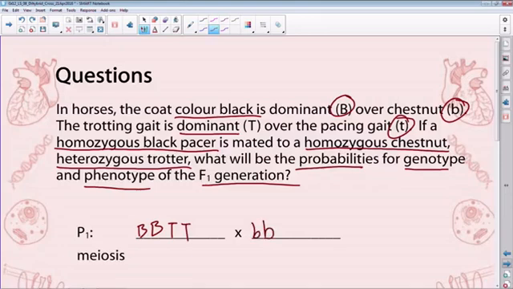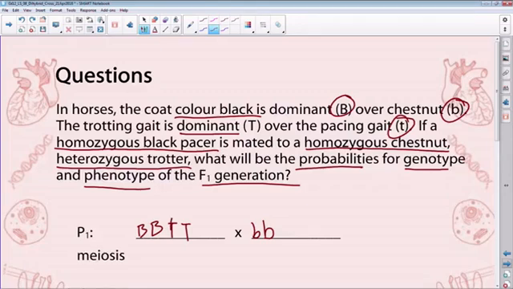So it's small b, and we know that the chestnut is a heterozygous trotter. Is that possible? What is a trotter? Is a trotter the dominant or the recessive? Look at it carefully. I made sure that I did that.